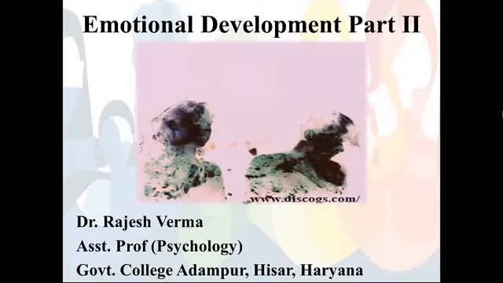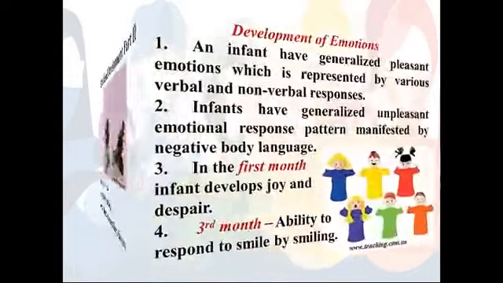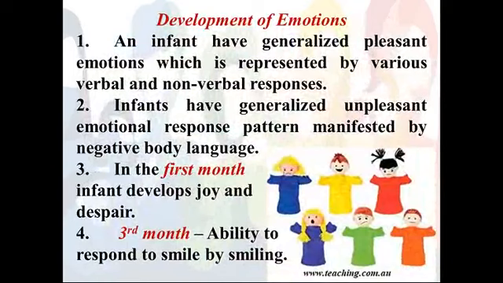Dear friends, as you know, emotions are psychophysiological responses to some internal as well as external stimulus. How do they develop? An infant has generalized pleasant emotions, which are represented by various verbal and non-verbal responses.